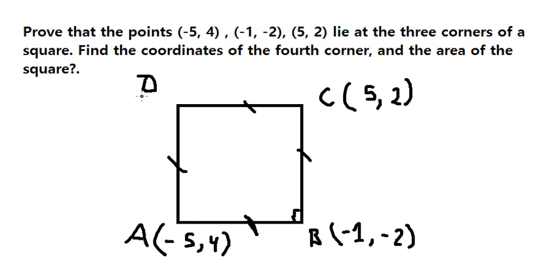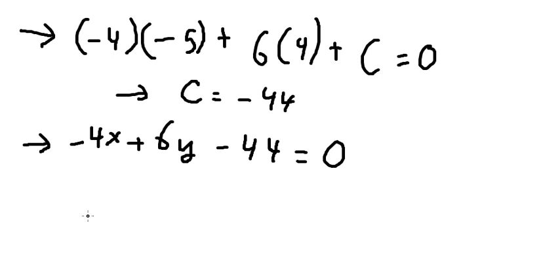So if we want to find D, we need to know that the intersection of the line DA and DC will give the coordinates of point D. So we need to create the system of equations.